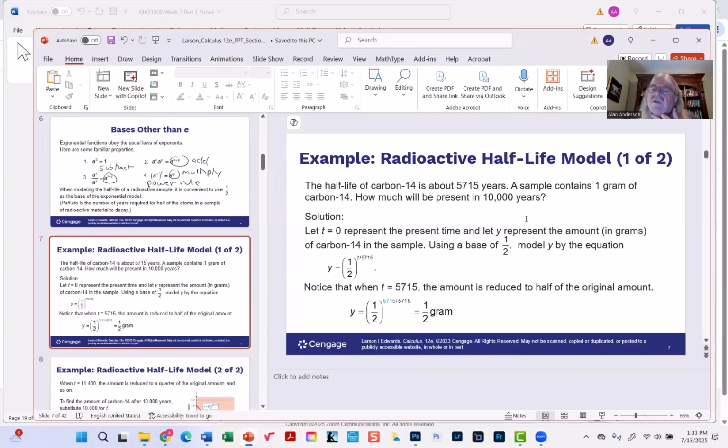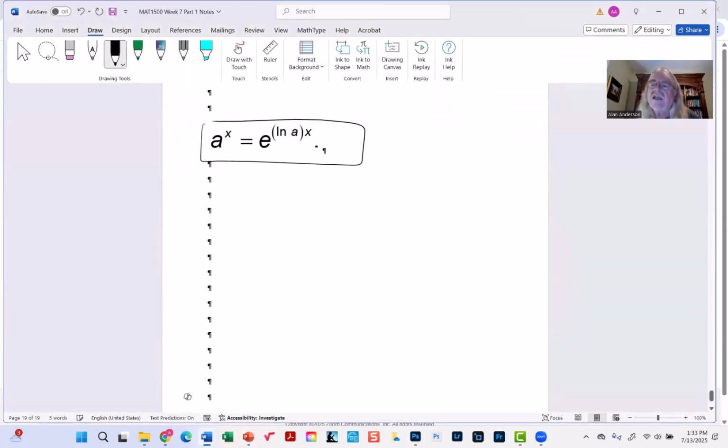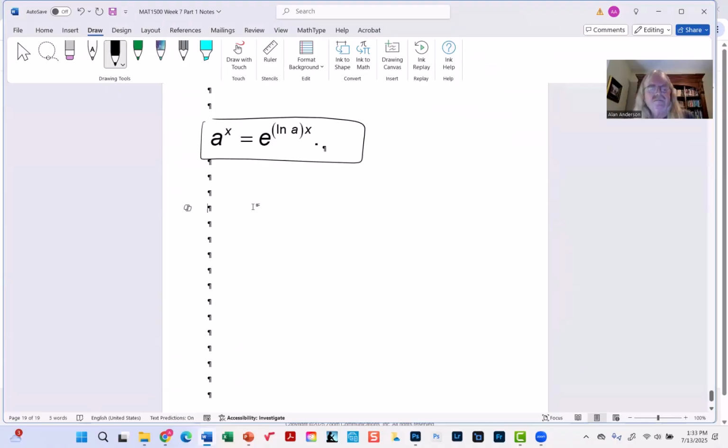So what we're looking at here is something called exponential decay. All right. So we're going to have t is 0 means the present time, and y is the amount in grams in the sample. 1/2. So this is the model we're going to use. This is how we can decide how much will be present at any given time in the future.